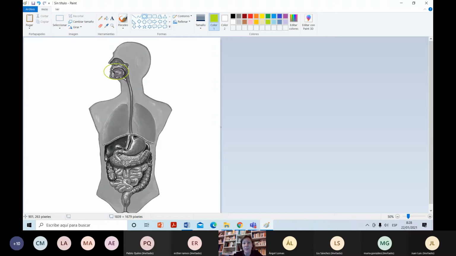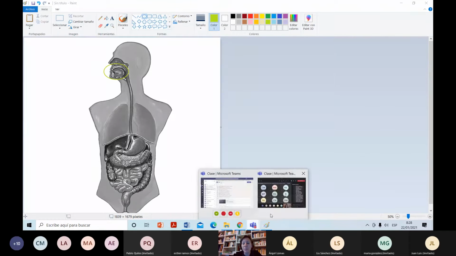Okay, does everybody understand this? It's important that you pay attention to the food that is mentioned in the activity. Then it's also asking about a chicken sandwich. So within the chicken sandwich, both components, the chicken and the bread, will suffer mechanical digestion, broken into pieces using your teeth. But only bread will suffer the action of amylase enzymes produced by the salivary glands.